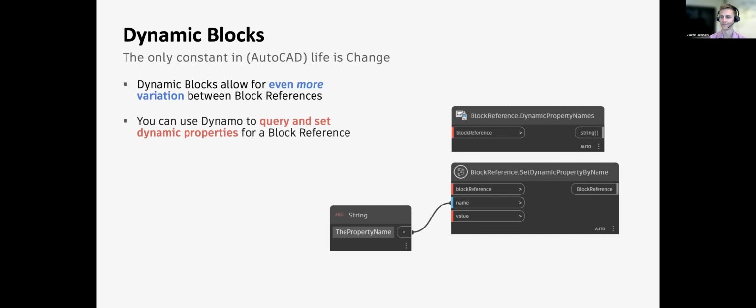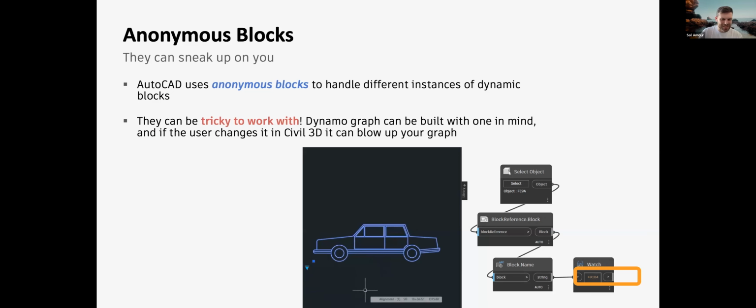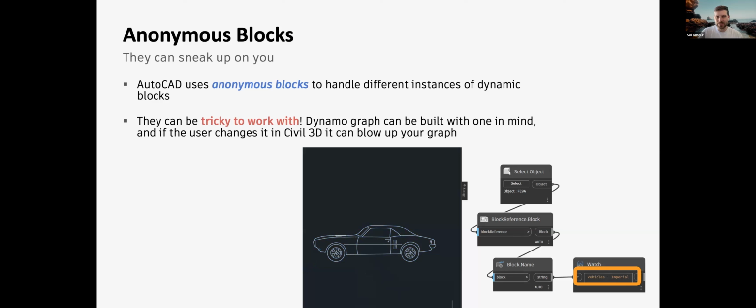All right, so beyond dynamic blocks, there is a sneaky behind the scenes thing that AutoCAD does, which obviously Civil 3D inherits, which is a thing called anonymous blocks. And they are used to sort of handle different instances of dynamic blocks. You'll never see these in the UI yourself, just as a user, clicking buttons and working through the system, but you may come into contact with them through Dynamo, and they can be really tricky to work with.